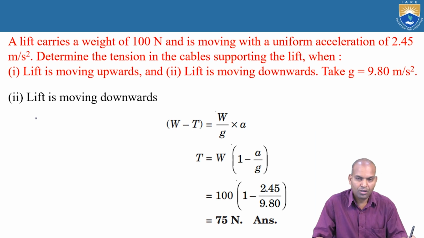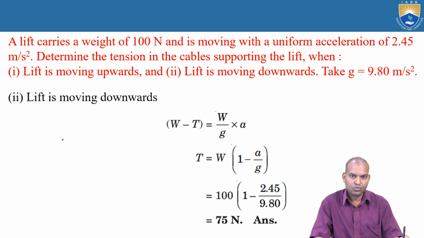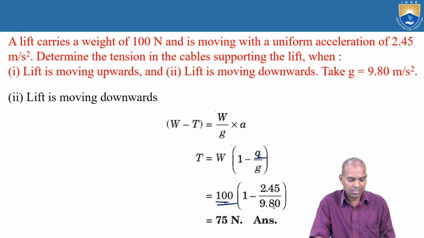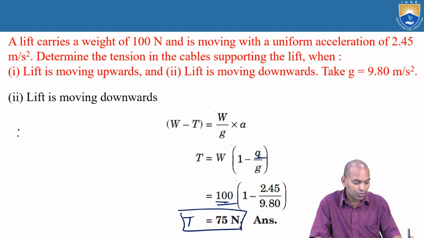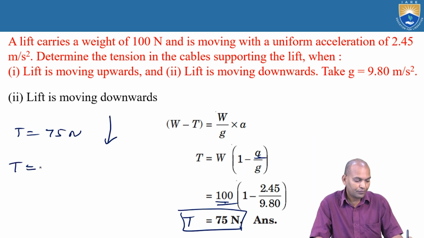When the lift is moving downwards, T equals W times (1 minus a by g). Plugging in the values of W, acceleration, and acceleration due to gravity, you get T equal to 75 newtons. So when the lift is moving downwards, the tension is 75 newtons, and when it is moving upwards, the tension in the cable is 125 newtons.